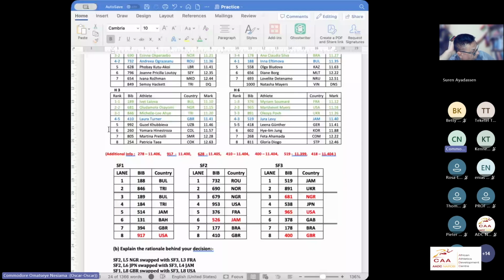For example, someone on lane 1, like Jamaica on lane 1 here, you can't swap him or her with any of these people on lanes 3 to 6. You can only swap Jamaica with someone else in lane 1 or someone in lane 8, because those are lanes seeded together.